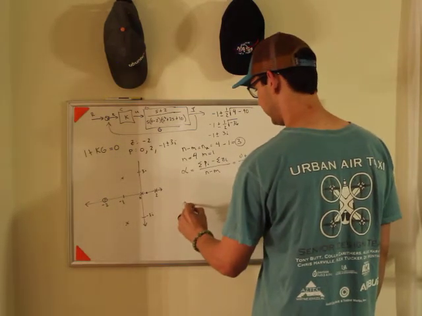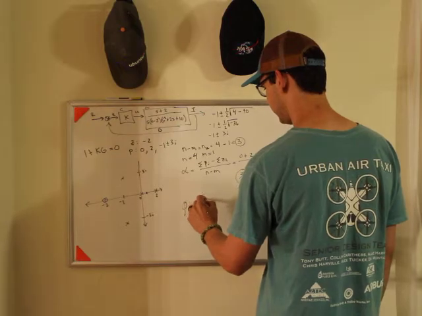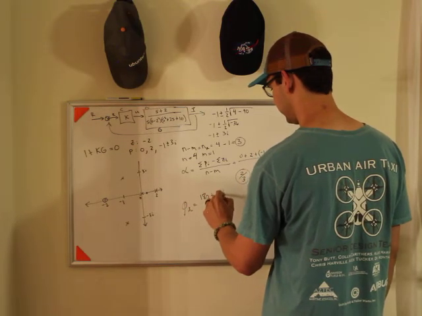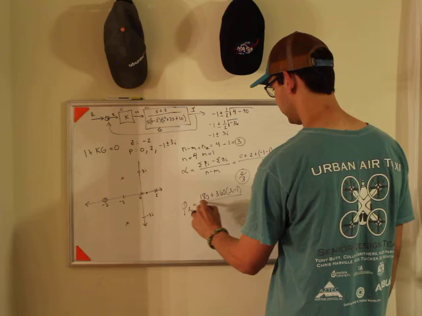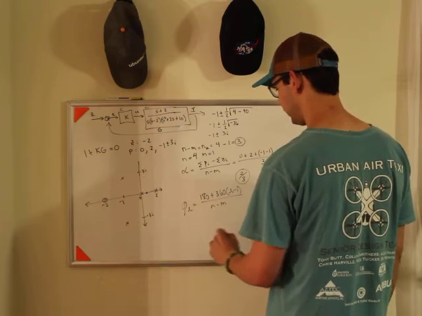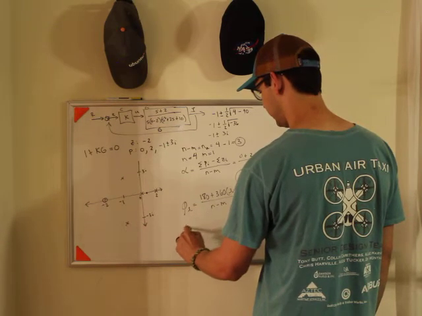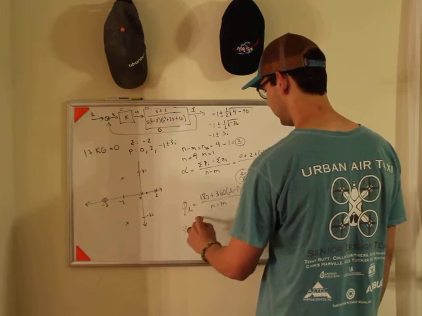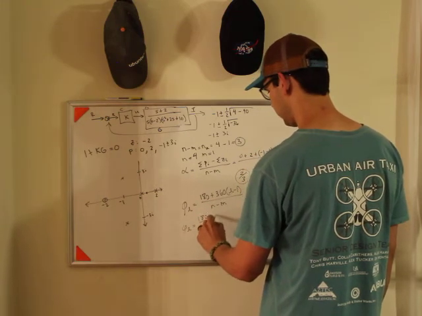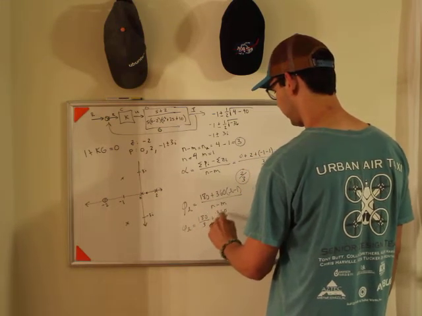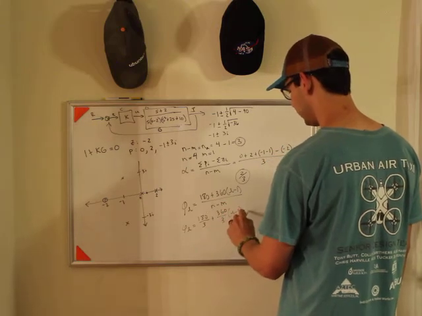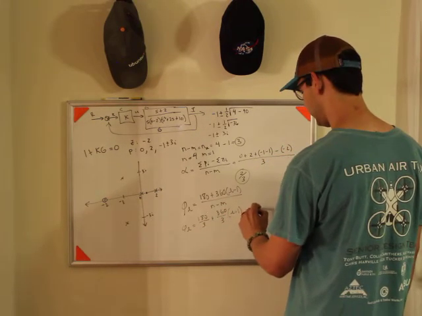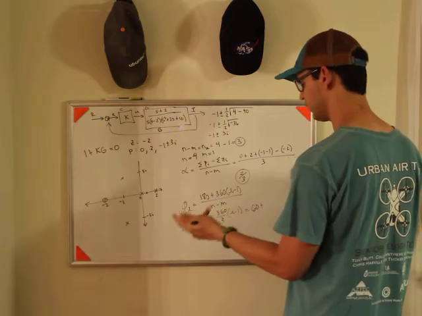So let's see, phi L is 180 plus 360 L minus 1 all over n minus m. So in this case, phi L is 180 over 3 plus 360 over 3 L minus 1. 180 over 3 is 60, 120, 180.